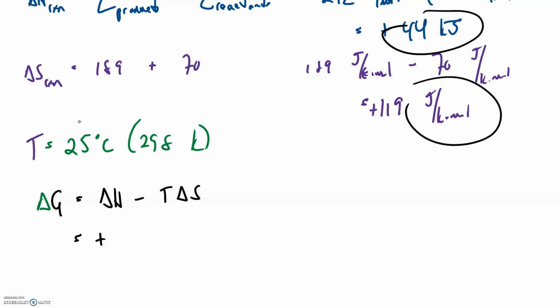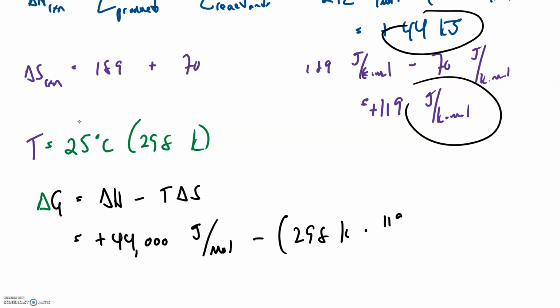So instead of 44 kilojoules, we'll say 44,000 joules per mole minus the quantity of 298 kelvins times 119 joules per Kelvin mole, and of course we know kelvins are going to cancel.